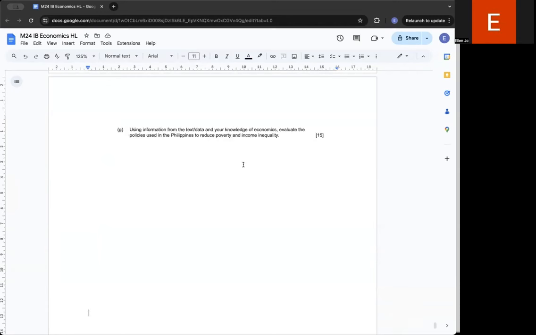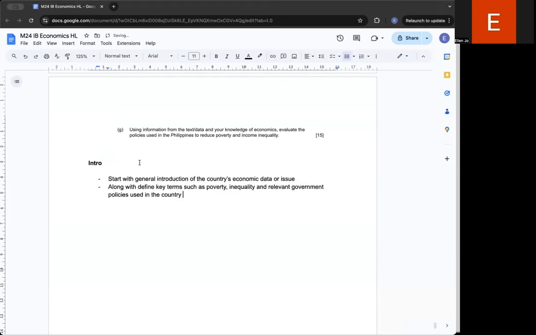G. Using information from the text, data, and your knowledge of economics, evaluate the policies used in the Philippines to reduce poverty and income inequality. As I said earlier, you can smoothly start the essay by putting some general introduction of the country's economic data or issue, and defining a few key terms such as poverty, inequality, and relevant government policies that are used in the country would work to finish the introduction.